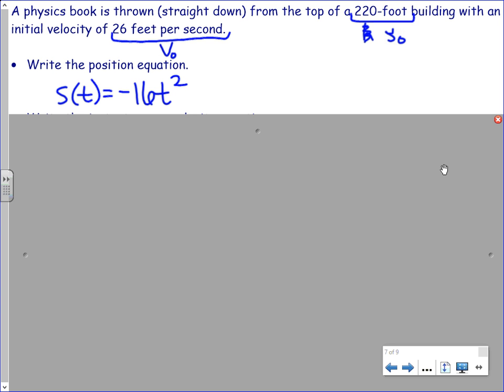Well, what about its direction? Since we're throwing the book down, our velocity needs to be negative because that's the direction of our velocity. And then we have an initial height of 220 feet.